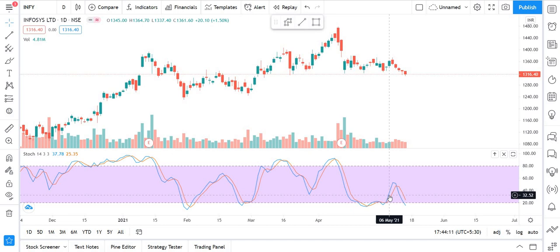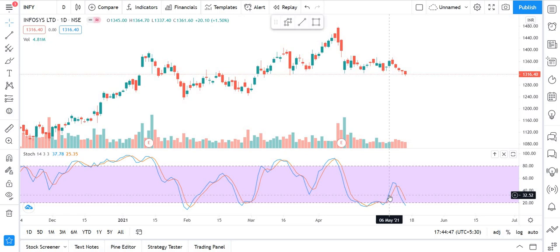The percentage D line is the moving average of the percentage K line. That means percentage D will be our fast moving average, if we talk in the language of moving averages, and percentage K is going to be our slow moving average. With this we are going to generate signals in three different forms. Let's see how to do that.